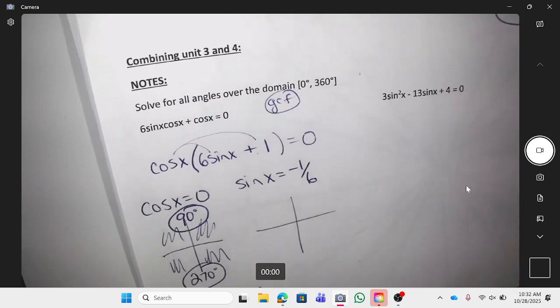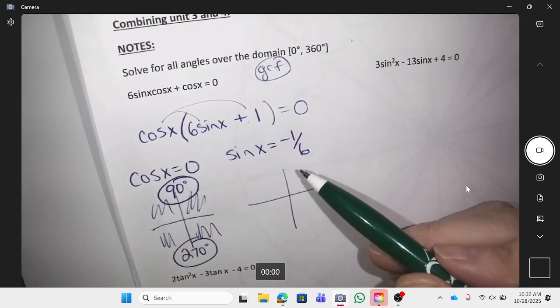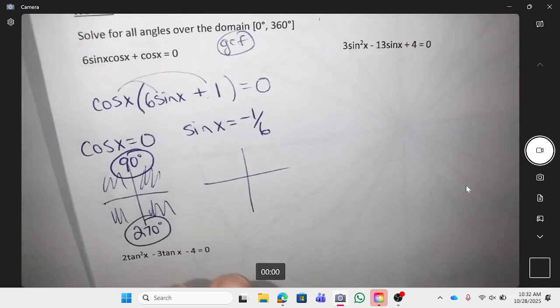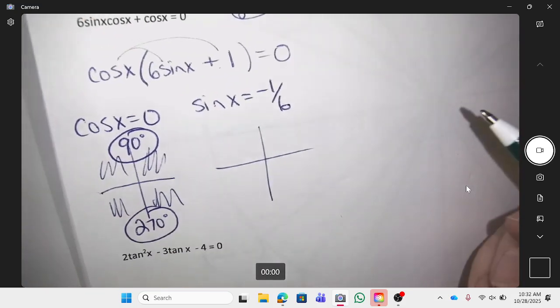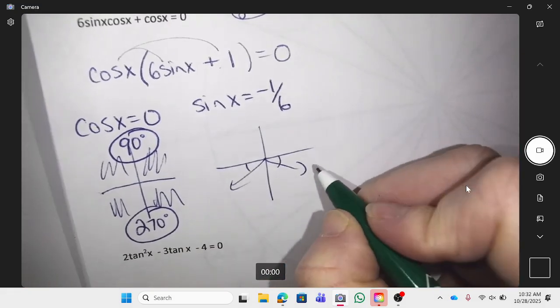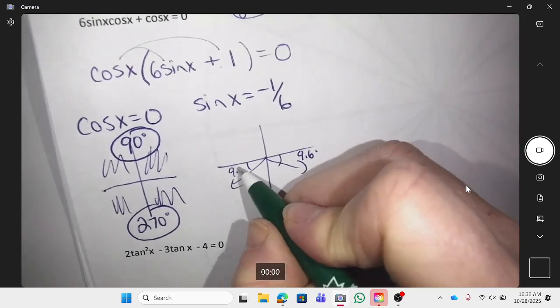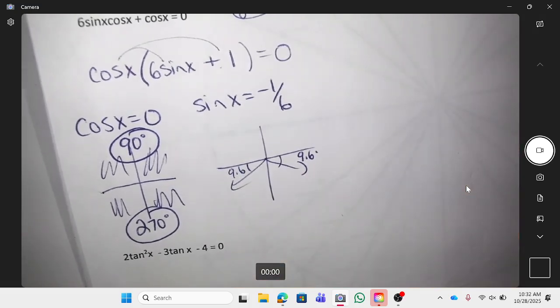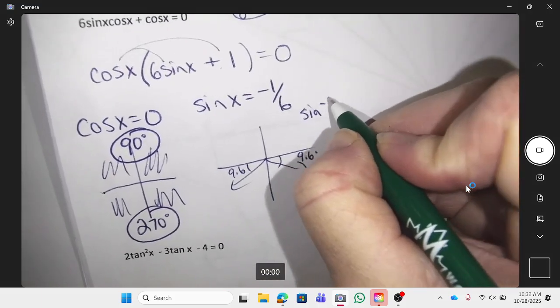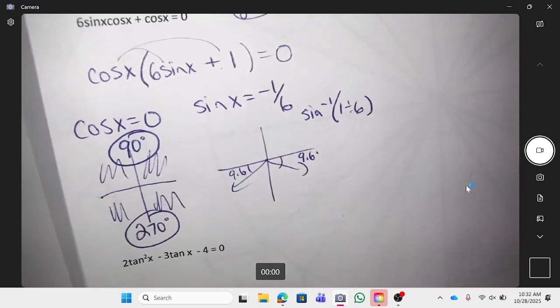Okay, I'm going to go through this a little faster, so don't worry about typing it into your calculator. First, sine negative. Where? So you should draw that. Where is sine negative? Second, I'm going to sine inverse with no negative, and I get 9.6, so don't do the calculator typing right now, just to save some time.